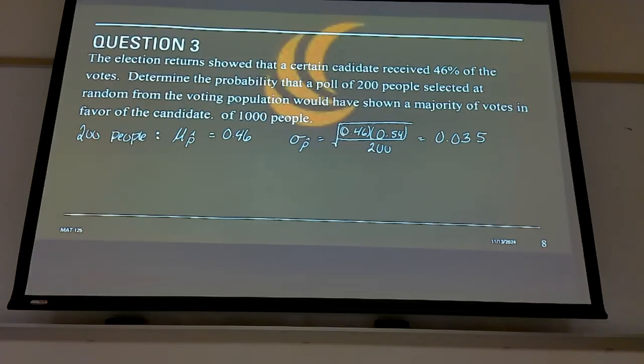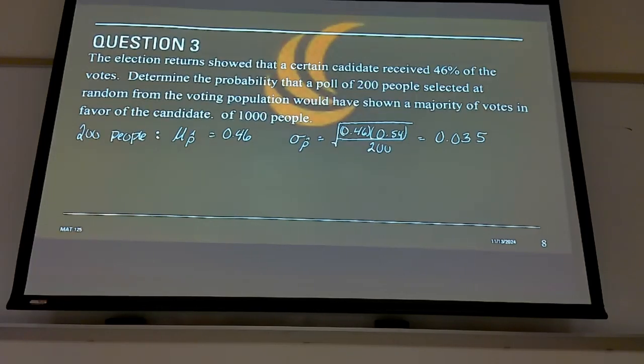Probability that a poll of 200 people selected at random from the voting population would have shown a majority of votes in favor of the candidate. What does it mean to have a majority of the votes? Right, so in terms, more than half, more than 0.5. So we need the z-score of 0.5.